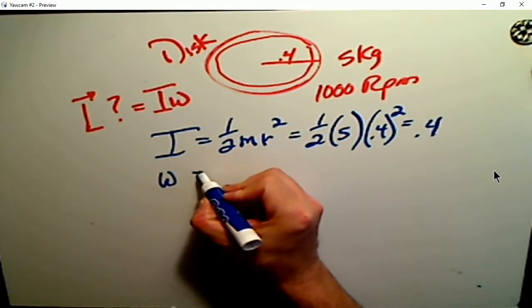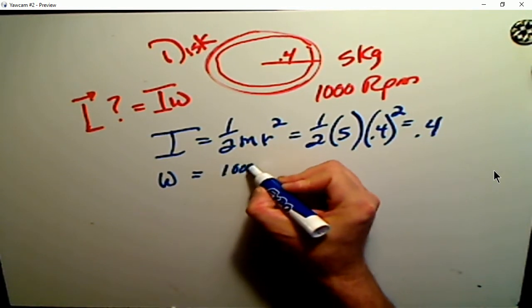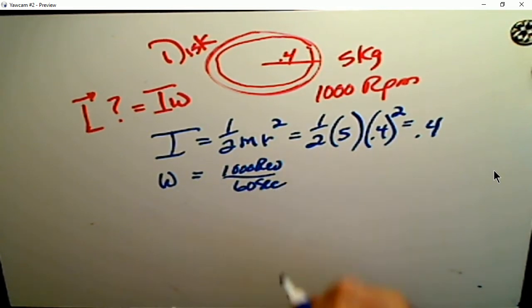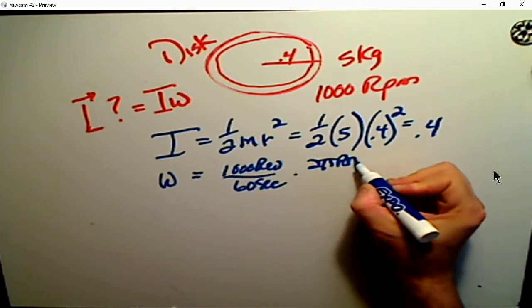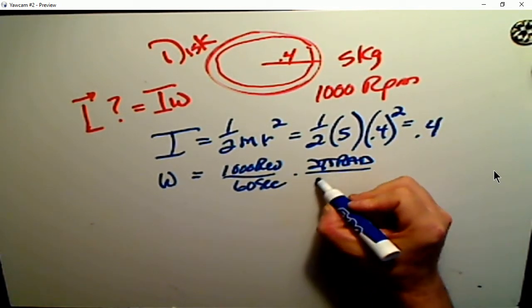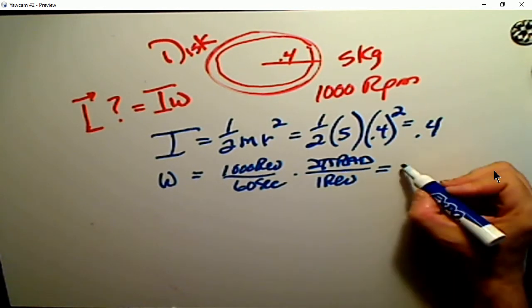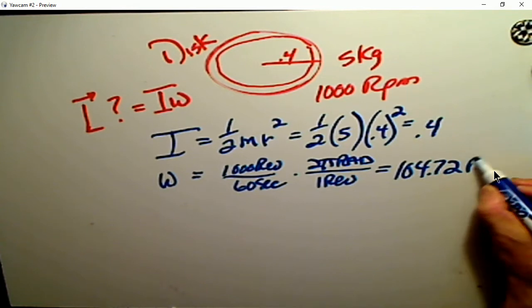Omega, well, we have 1,000 RPM, so let's just write 1,000 revs for every 60 seconds. And of course, 2 pi rad, like we've done several times before, is 1 revolution. So that's about 104.72 rads per second.